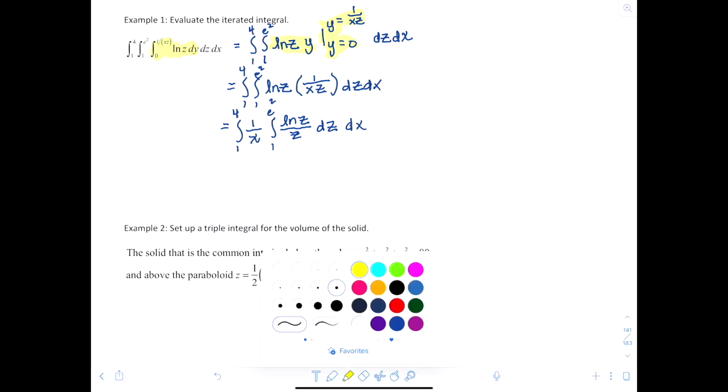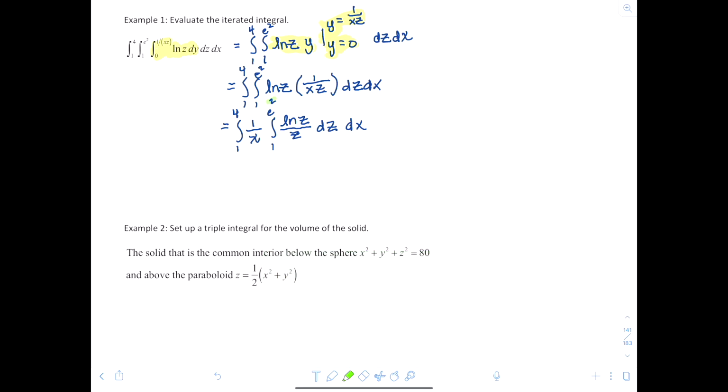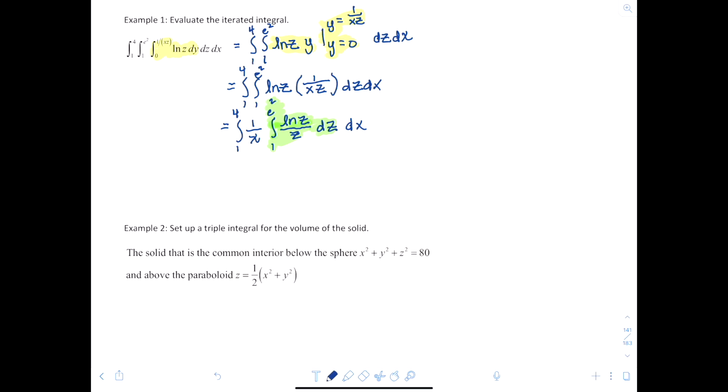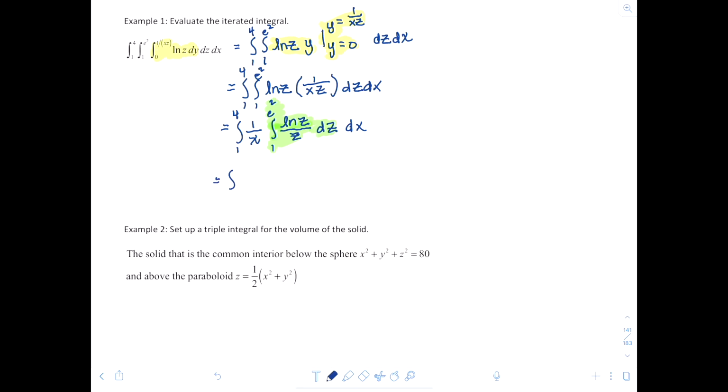So here's our second one that we're dealing with. Okay, so this is going to be the integral from 1 to 4. And we have our 1 over x being treated as a constant. And this will end up being what?